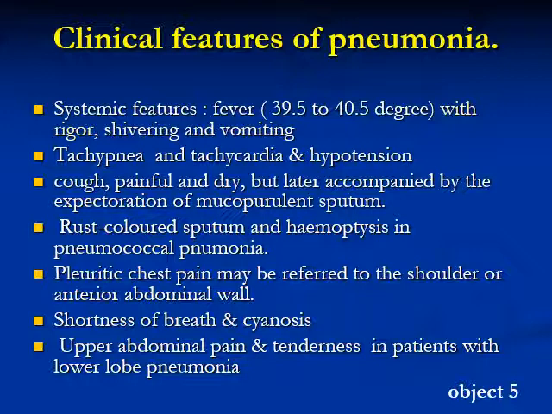The second feature is cough. When the patient develops infection of the alveoli, the patient will start to develop cough. This cough is painful and dry at first. But later on, when the alveoli are filled with pus cells or inflammatory cells, they develop sputum.